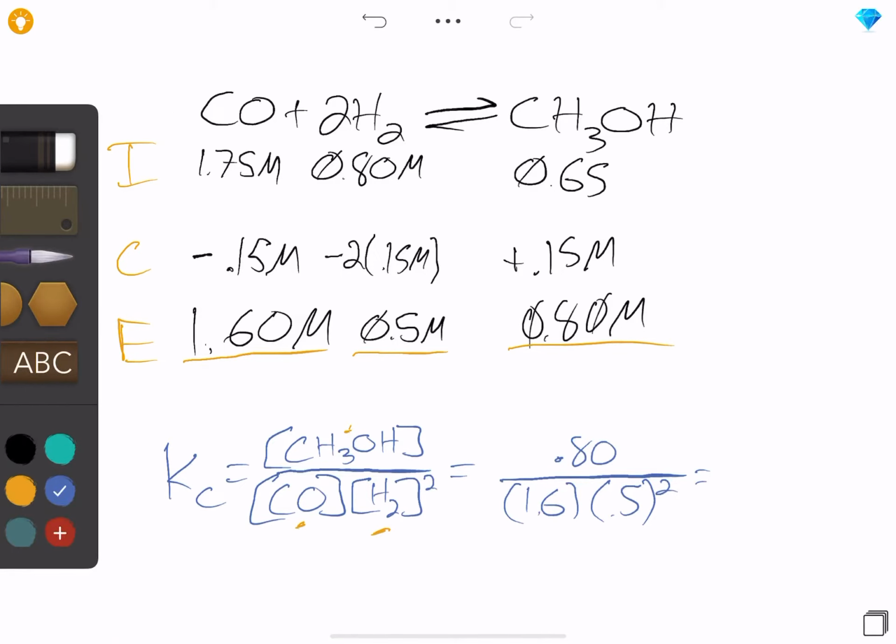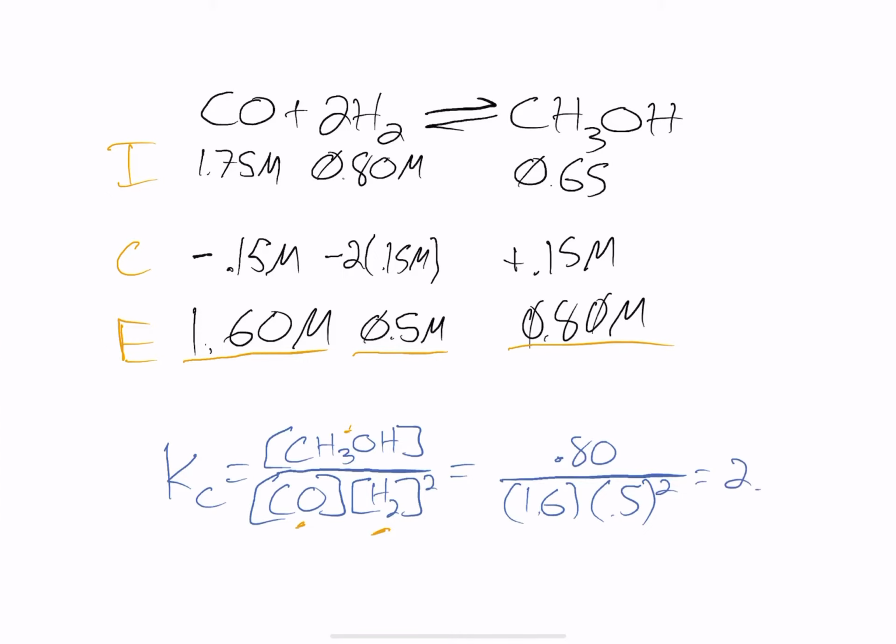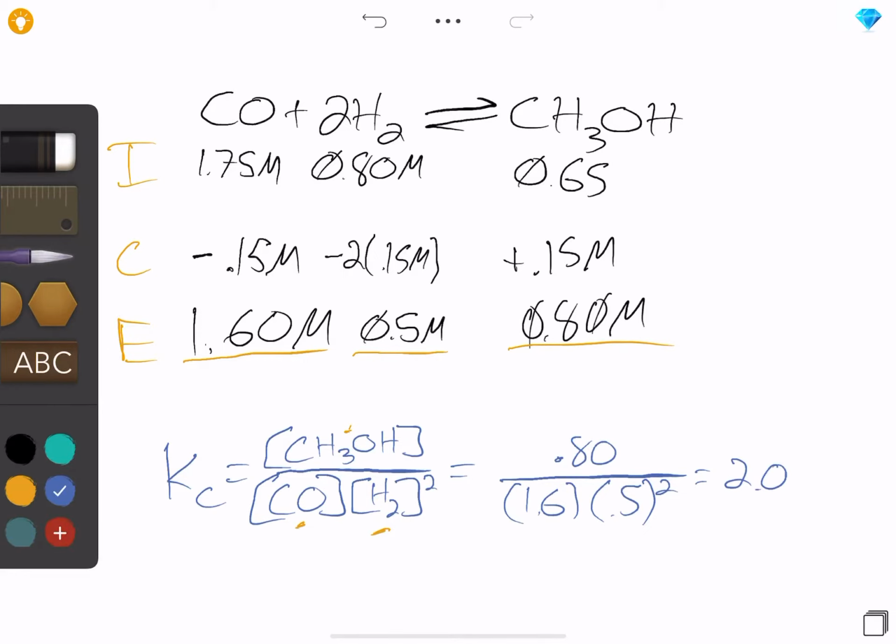If you plug that in your calculator, it comes out to be 2.0. This would be your unit here. So this is the answer for number 1 on your homework.